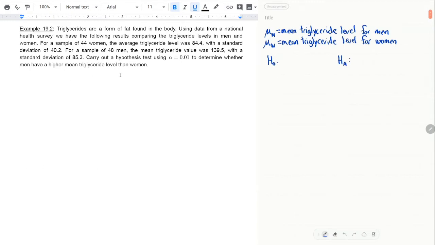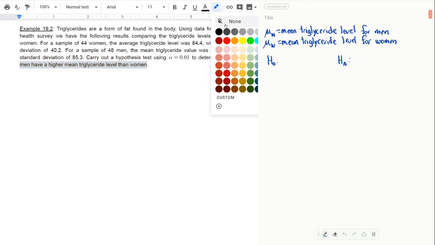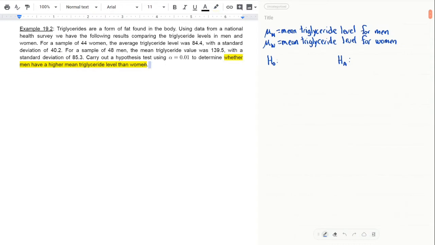Okay, so what we are trying to test is whether or not men have a higher mean triglyceride level than women. Okay, so this will indicate what our alternative hypothesis should be.